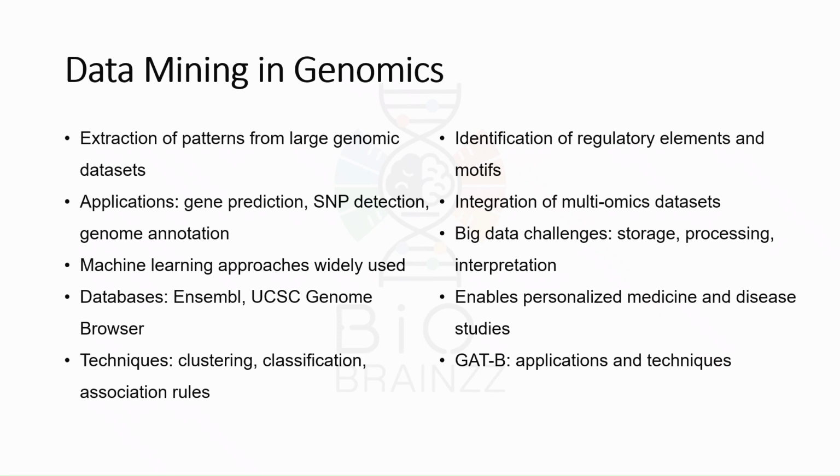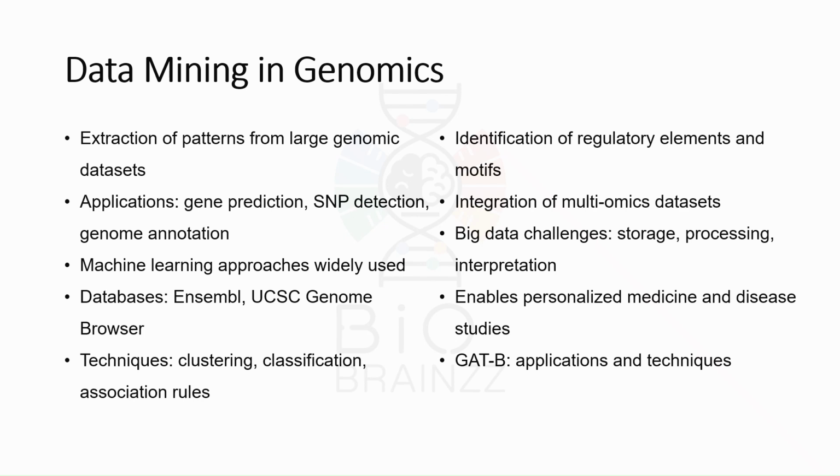Data mining in genomics means extracting useful information from large genomic datasets. It is used for gene prediction, SNP detection, and genome annotation. Machine learning techniques are also widely used in this field.